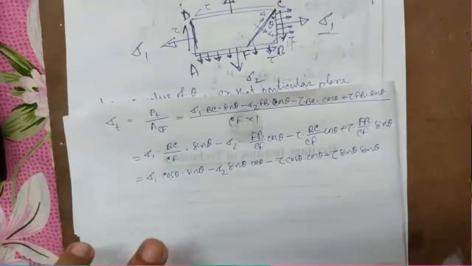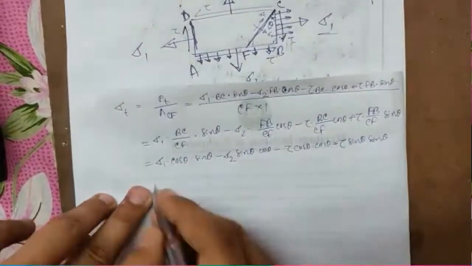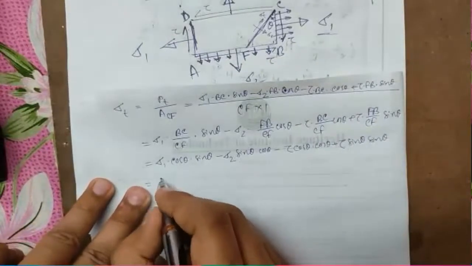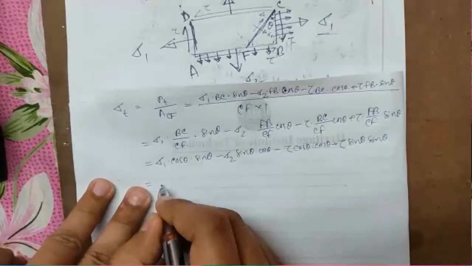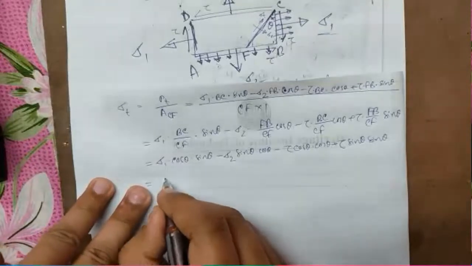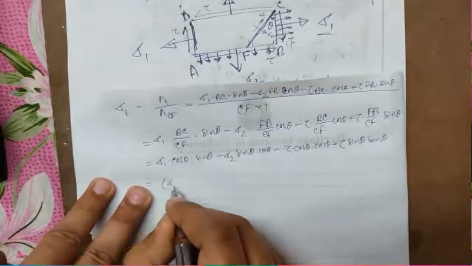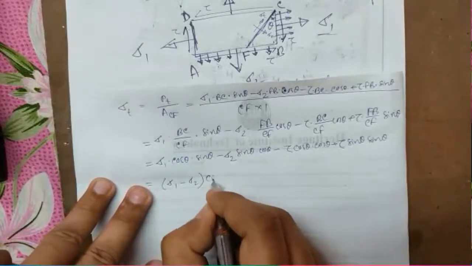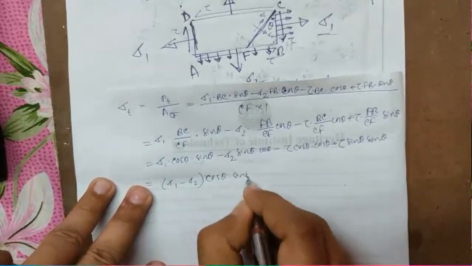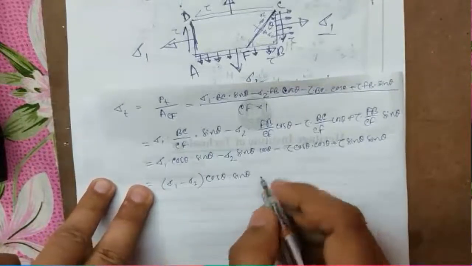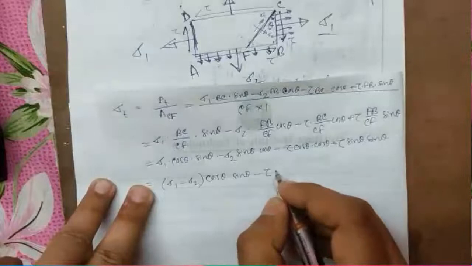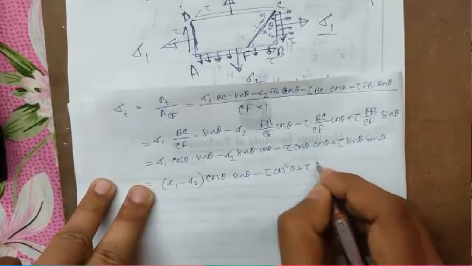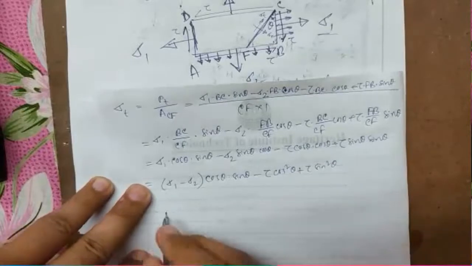Okay. So now we'll just rewrite just like the previous case. Upon rewriting, we can write this as (sigma 1 minus sigma 2) cos theta sin theta, just look at it, minus tau cos squared theta plus tau sin squared theta.